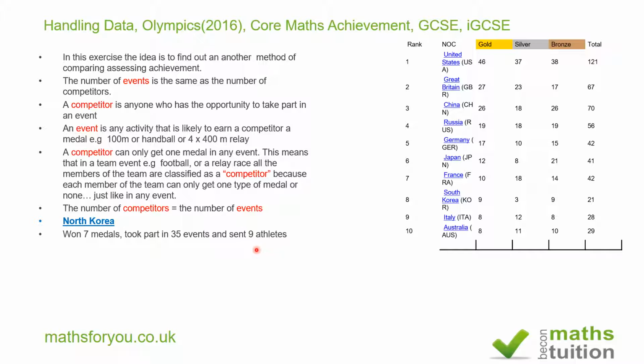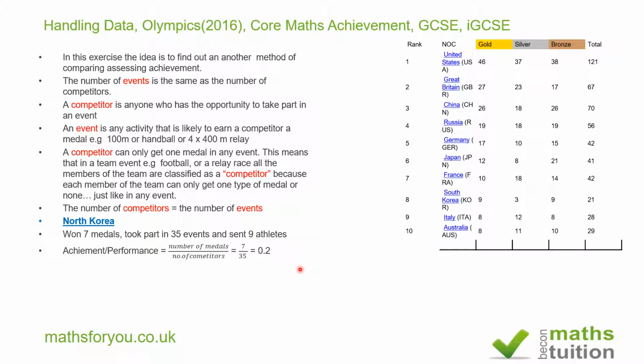They took part in 35 events, even though they had only 9 athletes. So in my method, North Korea had a 20% success rate, because if you divide the number of medals by the number of competitors or the number of events, you get 0.2, which is 20%.